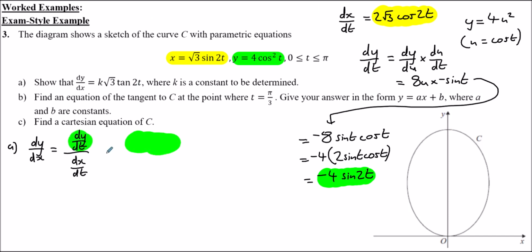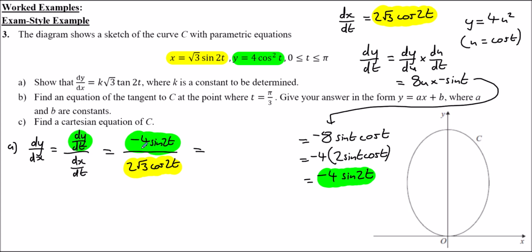So you can write this here. Whereas we had from before that dx by dt was 2 root 3 cos 2t. So now we can see we've got sine 2t on the top and cos 2t on the bottom, so therefore we can section out tan 2t, which is exactly what we need.